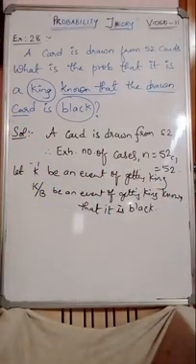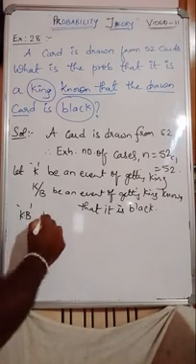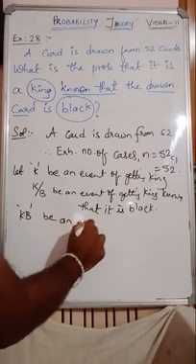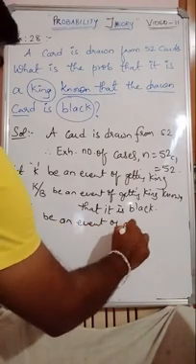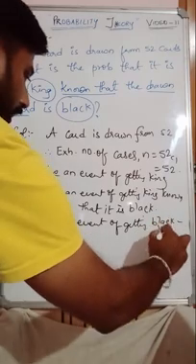You understand, guys? K by B is known that it is black in color. Then K into B be an event of getting a black king card.